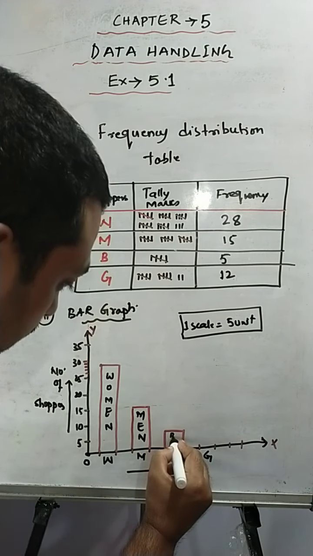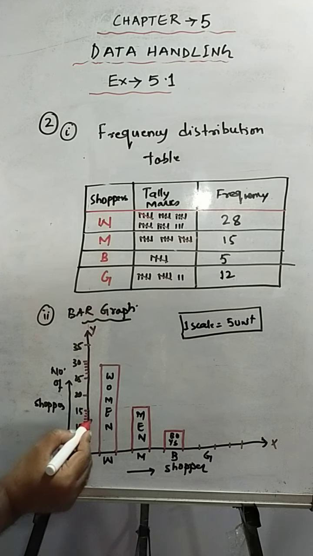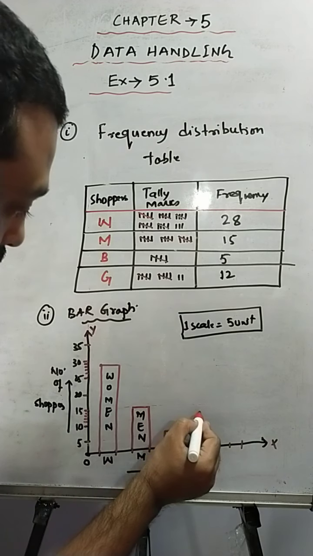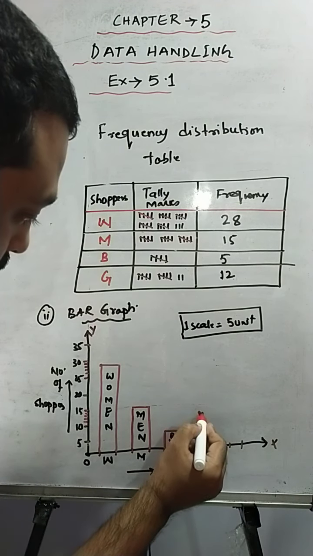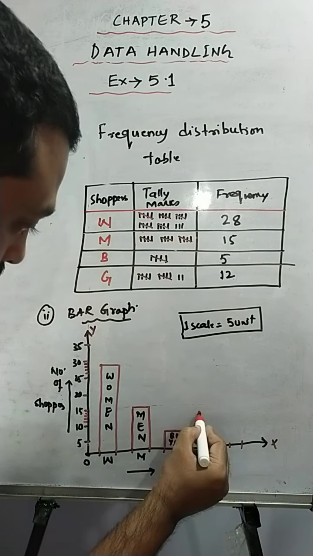So 12 will lie between 10 and 15. So again there will be 4 lines. Okay, so 10, 11, 12. So here would be 12. So this is girls. So write it down, G-I-R-L-S. So this is the required bar graph, students.